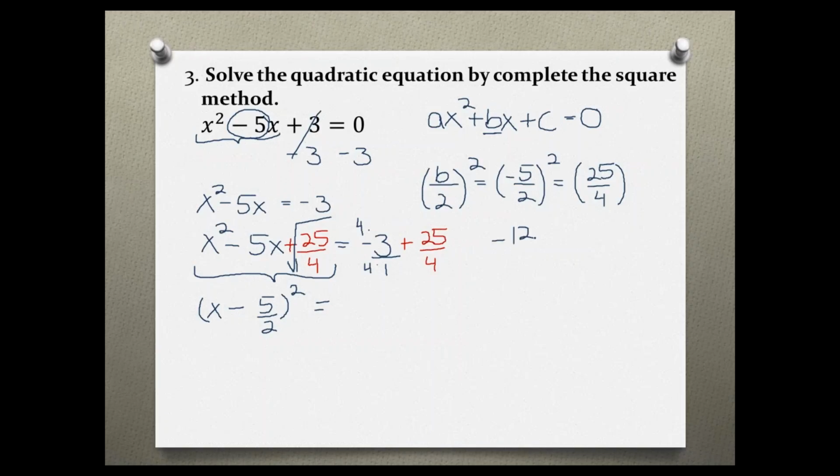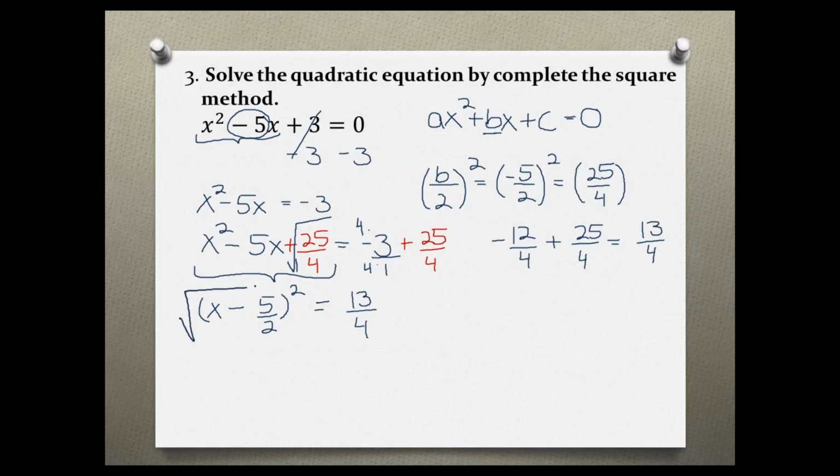This gives me negative 12 over 4 plus 25 over 4. Now they have the same common denominator, and I can just add the numerators, and that leaves me with 13 over 4.